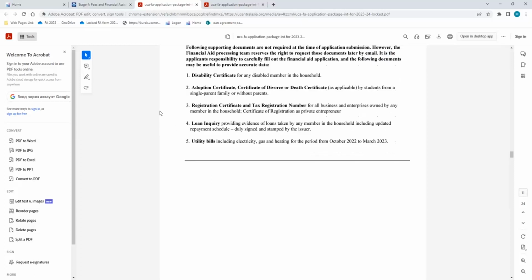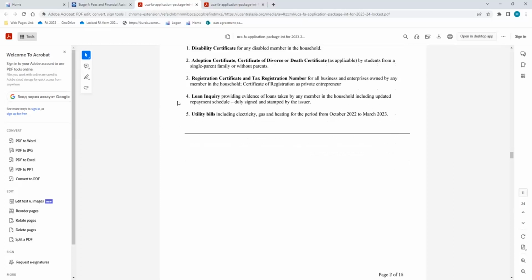The third is the copy of the registration certificate and tax registration number. This is for all business enterprises owned by any member in the household. In our case in Tajikistan, it's called, let's say, a patent. And the fourth document is the loan inquiry.